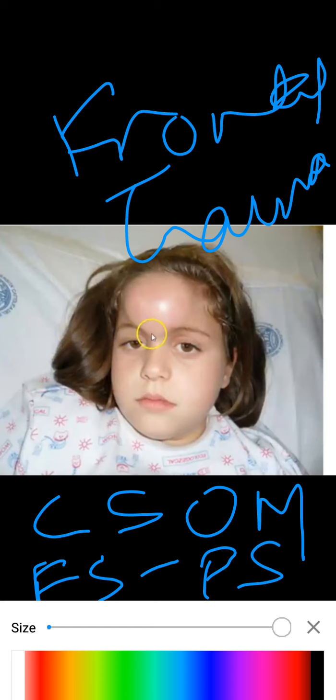So what are the etiologies? First one is frontal sinusitis, second one is frontal trauma, third one is chronic suppurative otitis media, and fourth one is post surgical, after frontal sinus reconstruction.